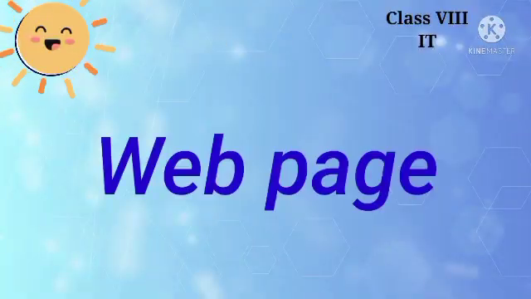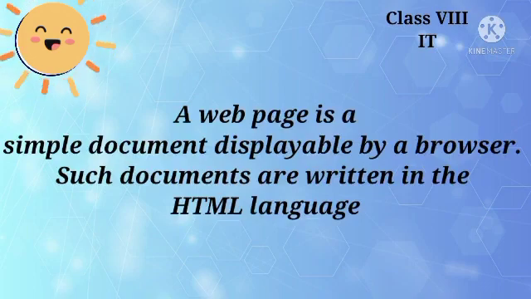Next we are going to learn about web page. What do you mean by a web page? A web page is a simple document displayable by a browser. When we open different documents in a browser, some details will be displayed, right? Those documents are called web pages.